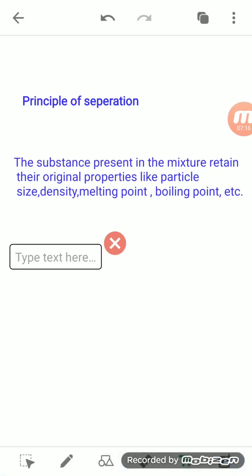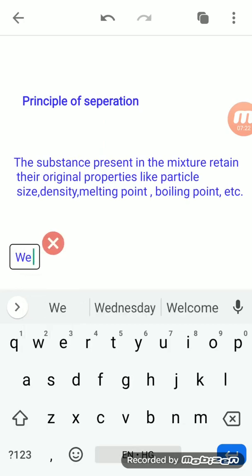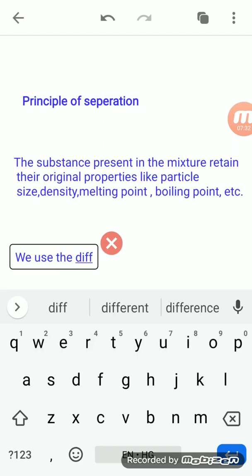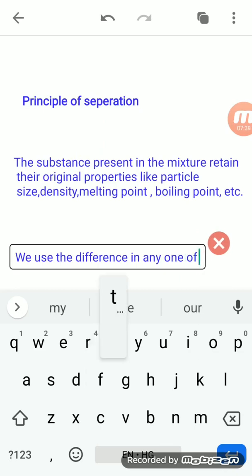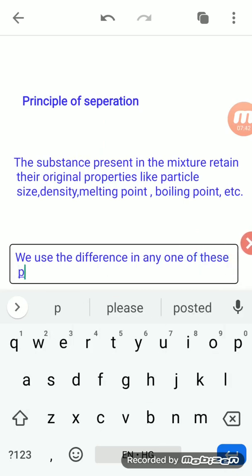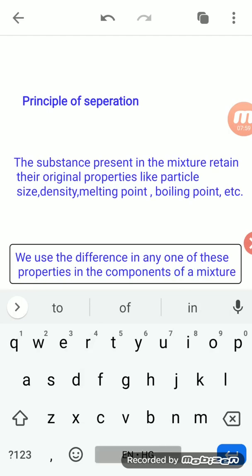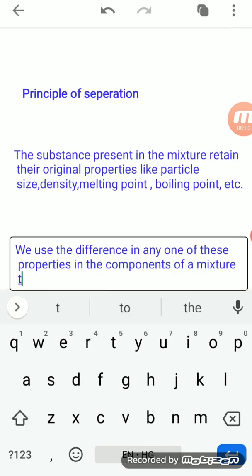The second one is we use the difference in any one of these properties in the components of a mixture to separate them.